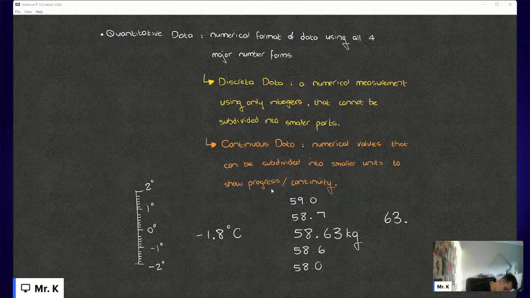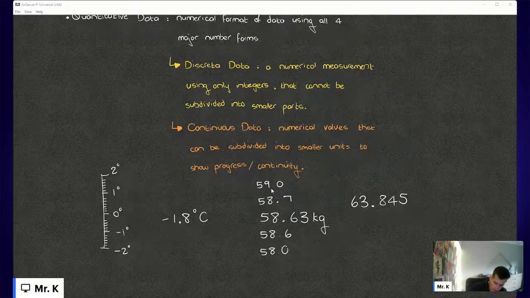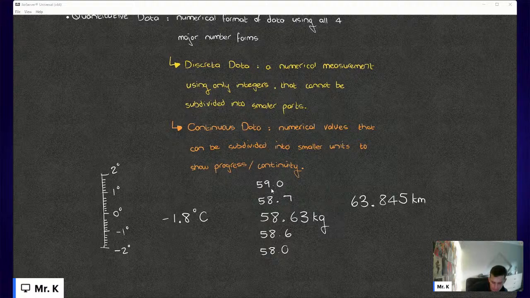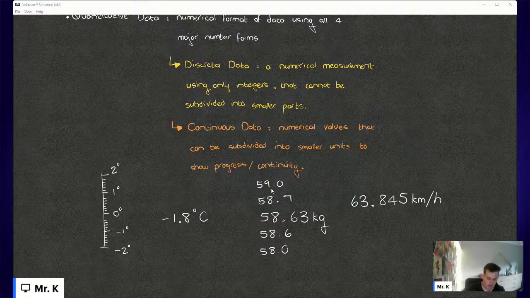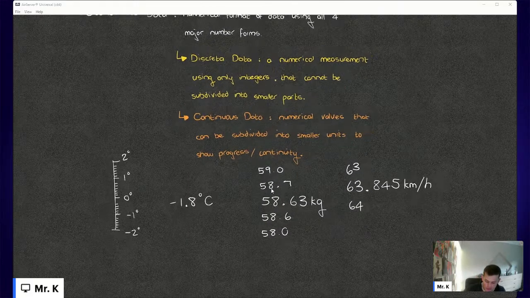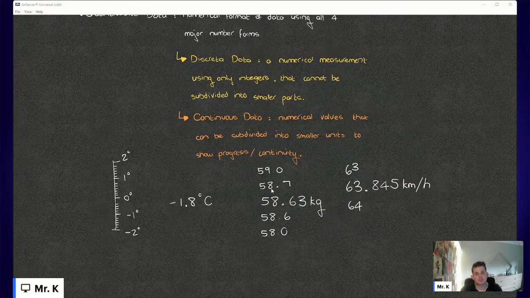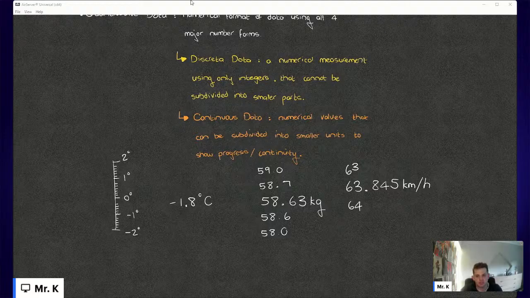You could be traveling at 63.845 kilometers per hour, if we had a really accurate way of measuring your speed, which sits between 63 and 64 k's an hour, just as an example. So continuous data allows us to make these subdivisions between two specific units.